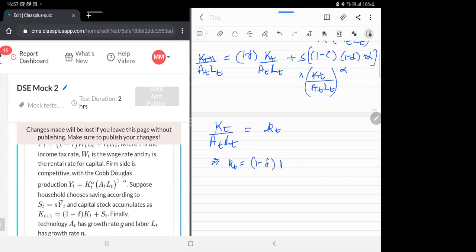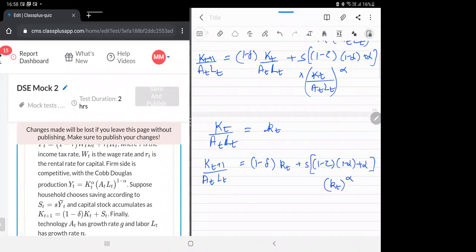This remains as it is. K_{t+1}/(A_t L_t) = (1 − δ)k_t + s(1 − τ)(1 − α + α) k_t^α.